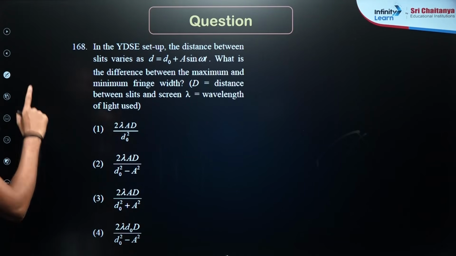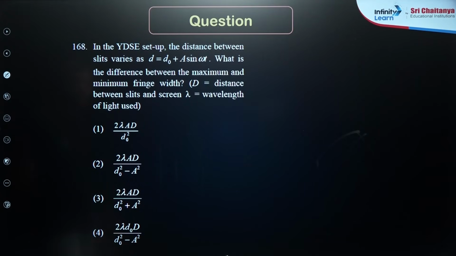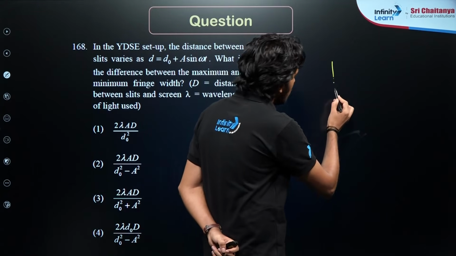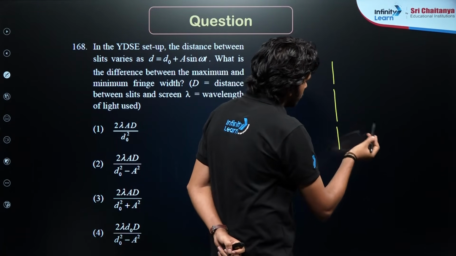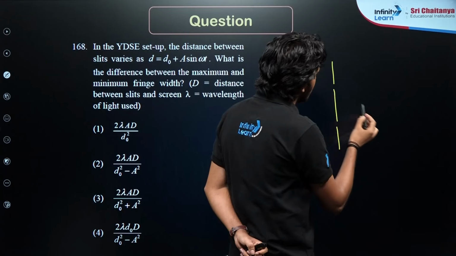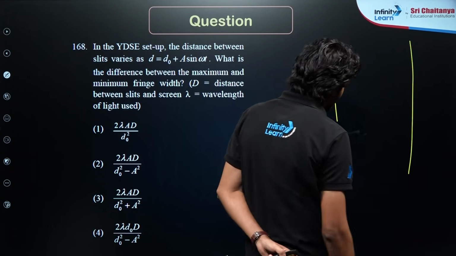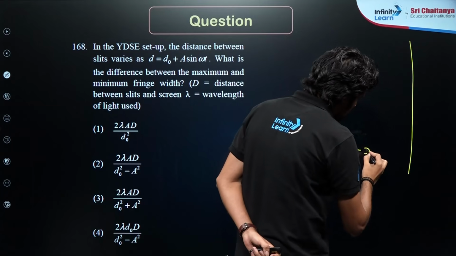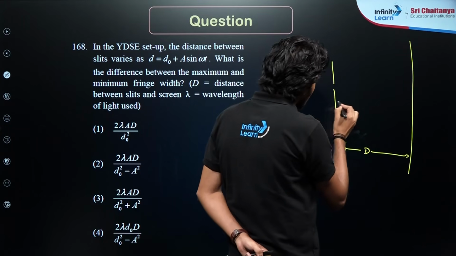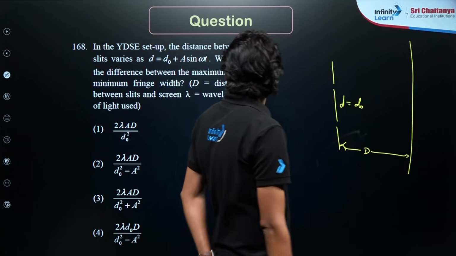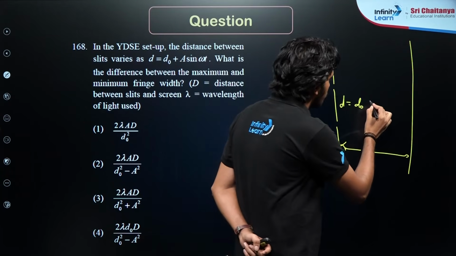In the YDSE setup, the distance between slits varies as d equals d naught plus a sin omega t. Let's say these are the slits, and here we have the screen. Let's call this distance D, and this slit distance is changing as d naught plus a sin omega t.